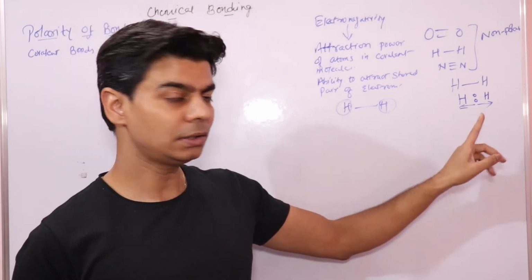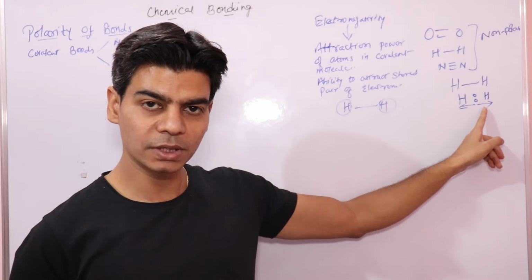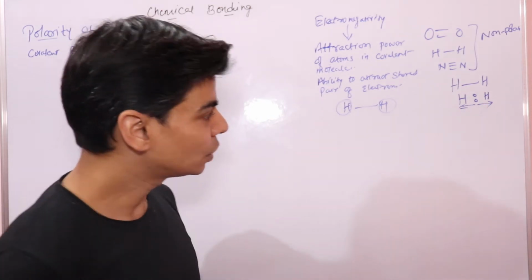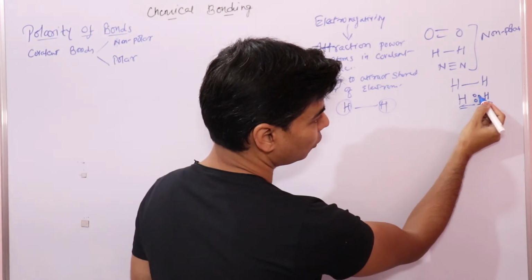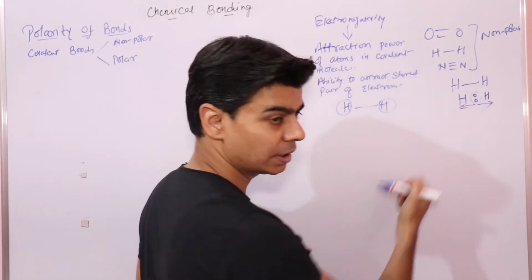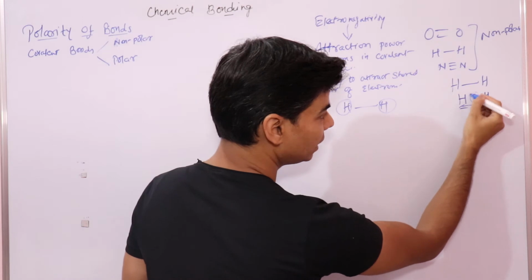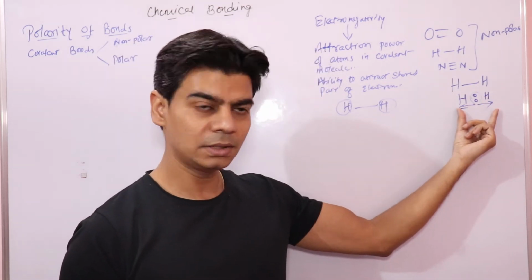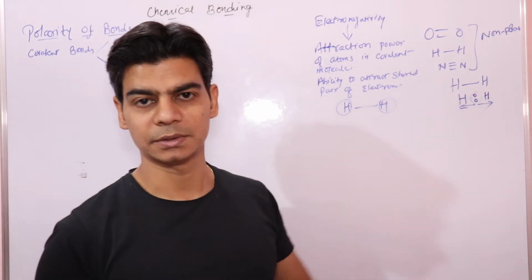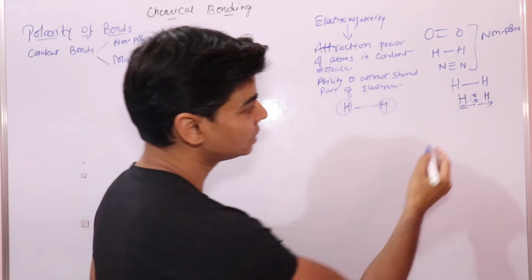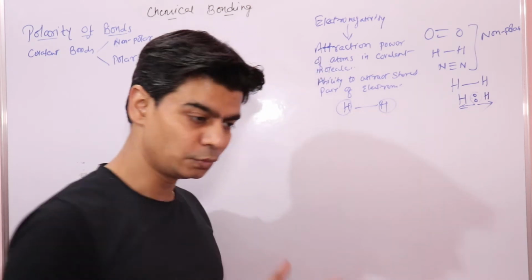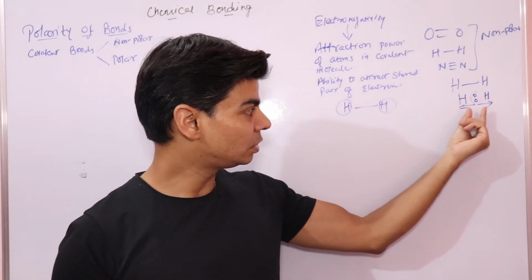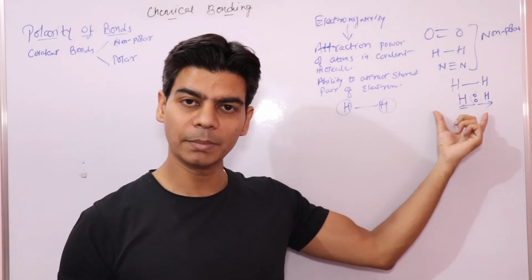So since the attracting power on the shared pair is the same for both atoms, this shared pair will lie exactly between these two hydrogen atoms, right? Since this shared pair is between the two atoms, it's not displaced towards any of the combining atoms, right?